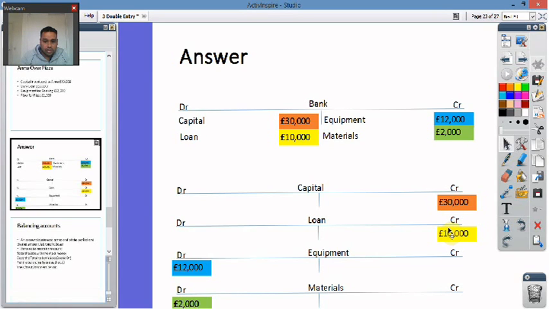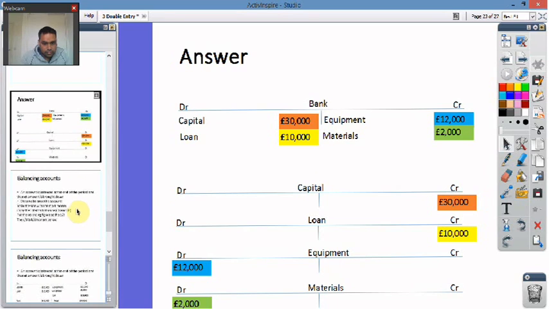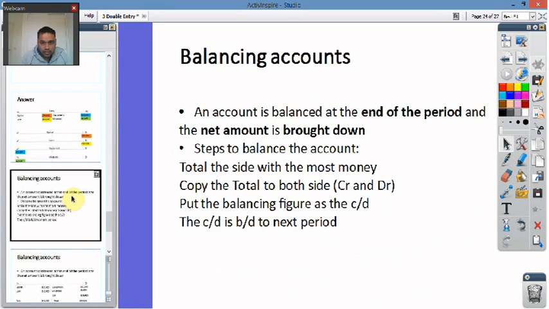Loan credited 10,000. Obviously this is an asset, cash asset to the bank, £10,000. Equipment is £12,000. You could have called this purchases if you wanted. I would have as well actually. But yeah, it's fine. You can call it materials if you like.